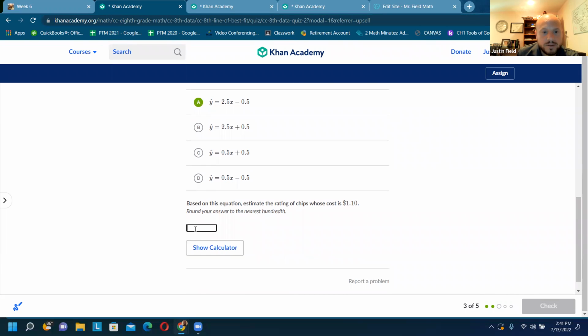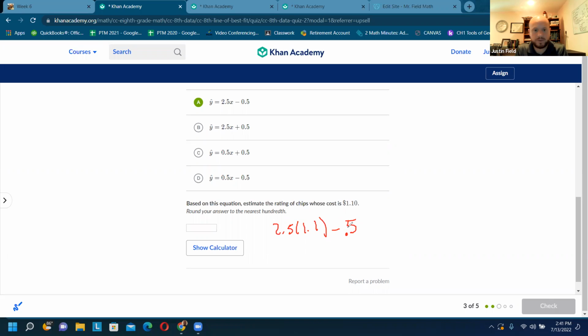Based on the equation, you can substitute now into that equation. So we can do 2.5 times 1.1 minus 0.5. And we get 2.25.